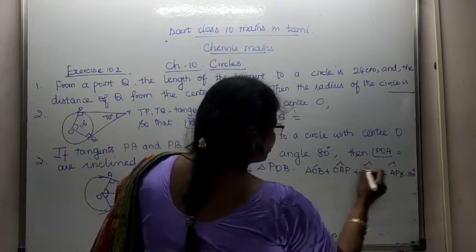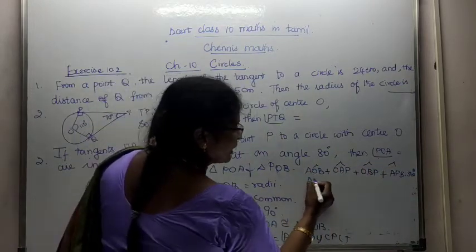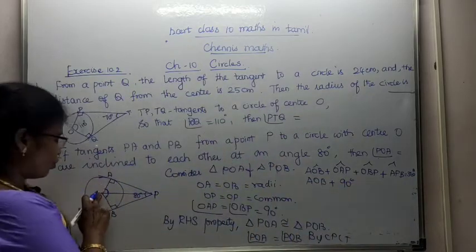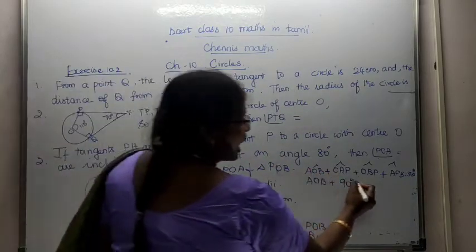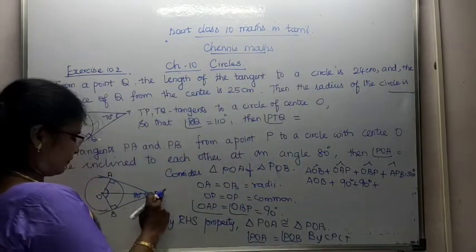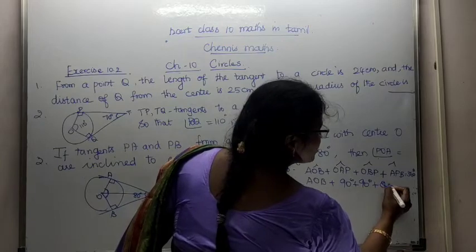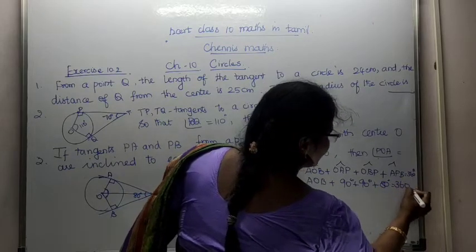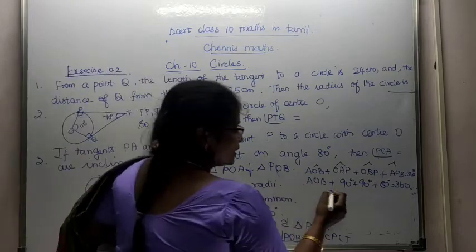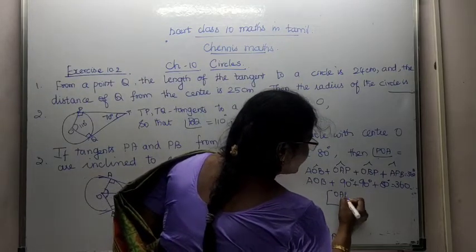AOB we do not know. And OAP is nothing but 90 degrees, and OBP is also 90 degrees, plus APB they have given us 80 degrees, is equal to 360 degrees. You must write the formation of this.